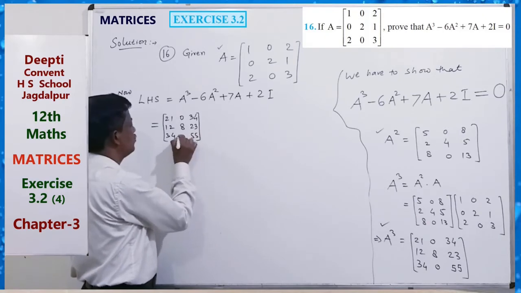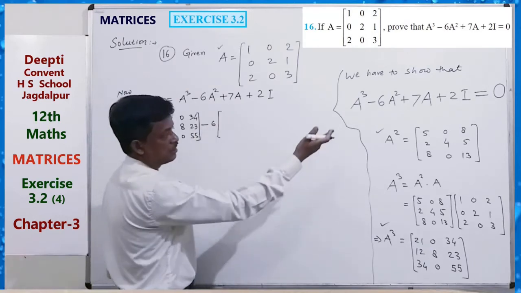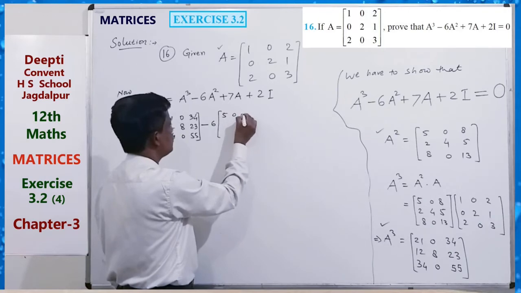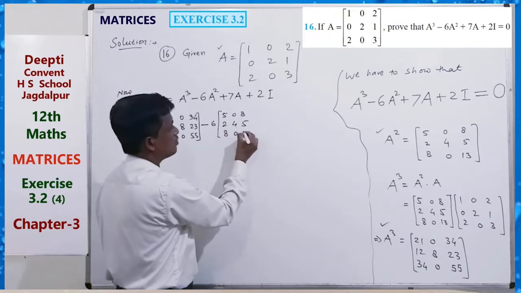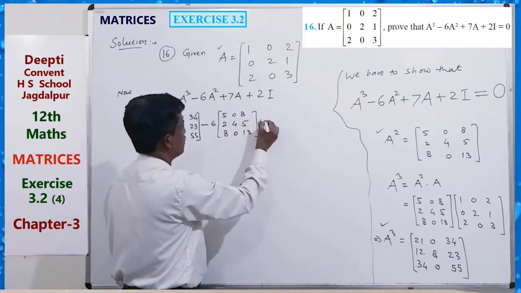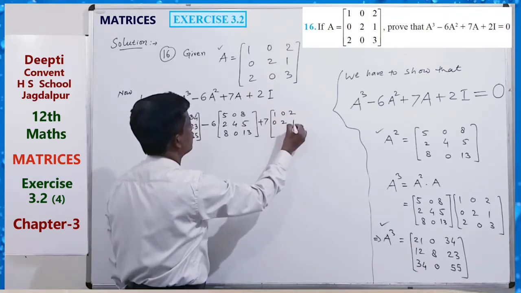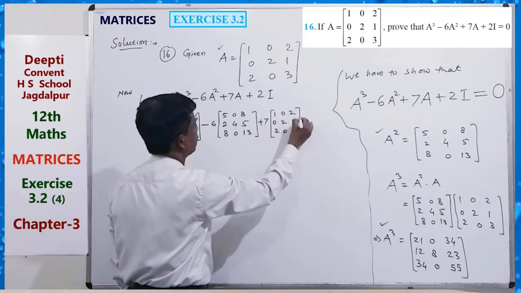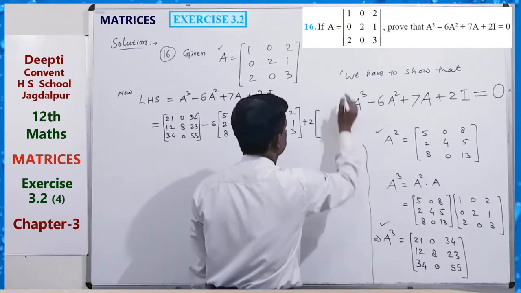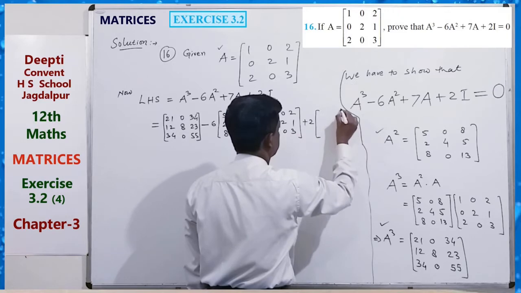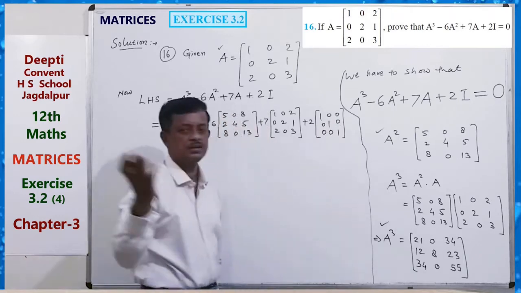This is the value of A cube. Minus 6 times A square, which is 5 0 8, 2 4 5, 8 0 13, plus 7A, which is 1 0 2, 0 2 1, 2 0 3, plus 2I. I is the 3 by 3 unit matrix, 1 1 1 with zeros elsewhere.